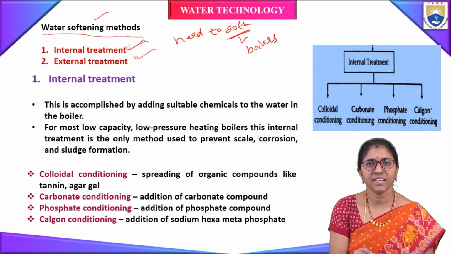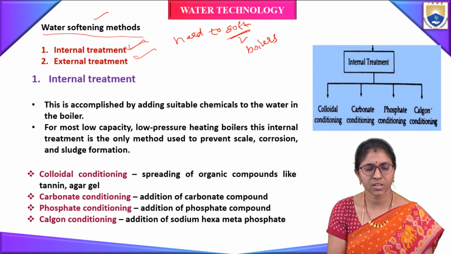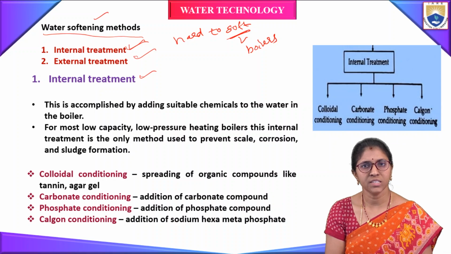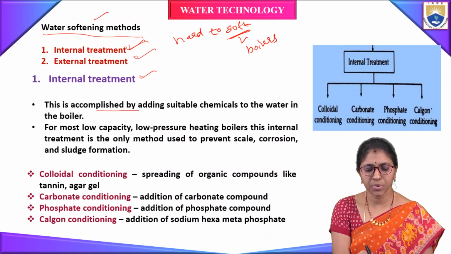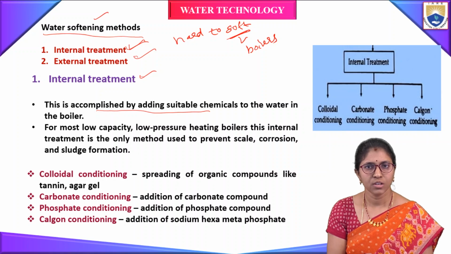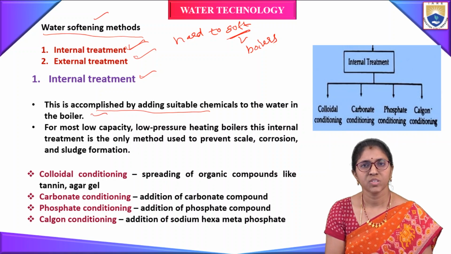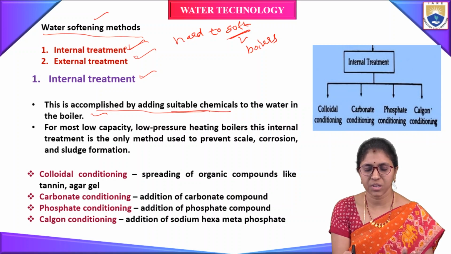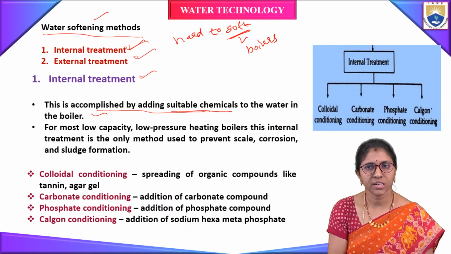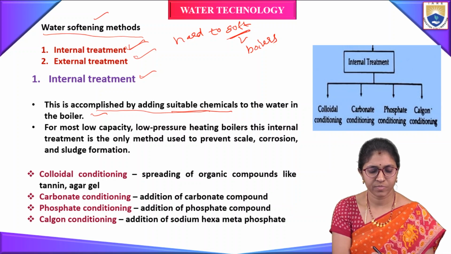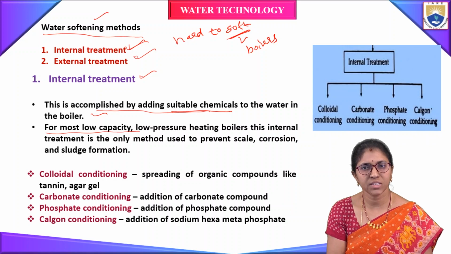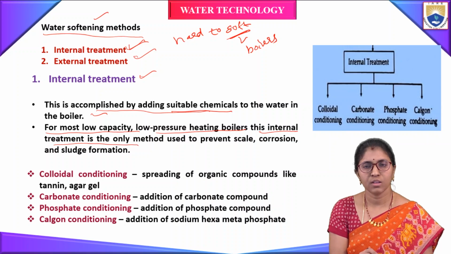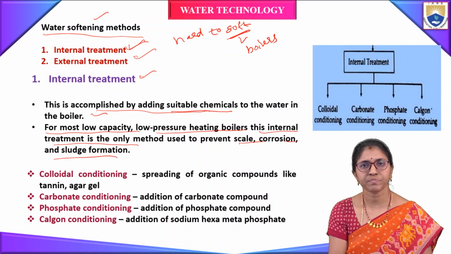So in this method, internal treatment and external treatment processes are there. What is internal treatment? This is accomplished by adding suitable chemicals to the water in the boiler. For most low capacity, low pressure heating boilers, internal treatment is the only method to prevent scale, corrosion and sludge formation.